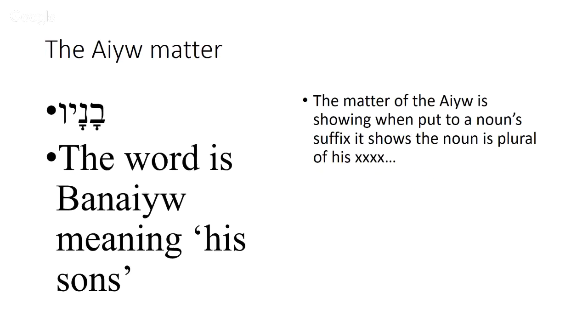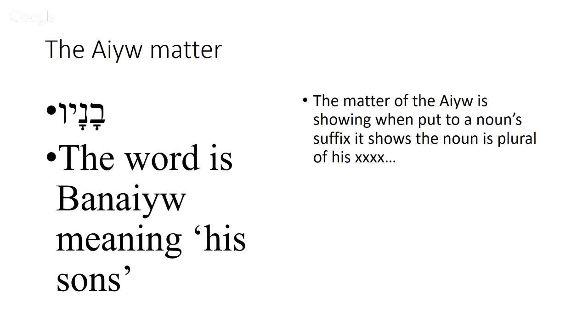The aiv matter. The word is banaiv, meaning his sons. The matter of the aiv, when put to a noun suffix, shows the noun is plural of his, and I put X's there, meaning whatever it is.